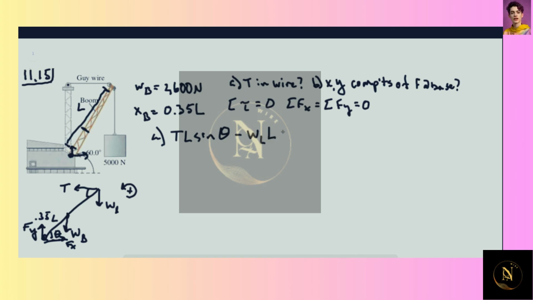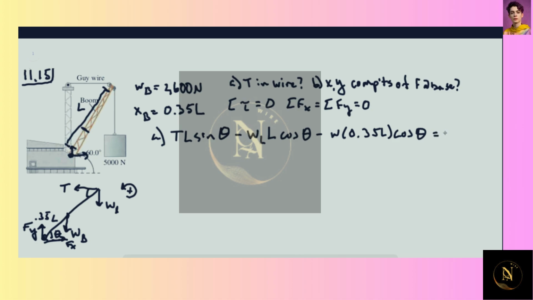And then the weight of the load will act in the opposite direction, which, if this direction is positive rotations, this will be negative. This will be positive. And so that's times L cosine of 60 degrees. The theta is 60 degrees. And then the weight of the boom itself, acting at 0.35 times L from the base. And this will also have a cosine of theta.